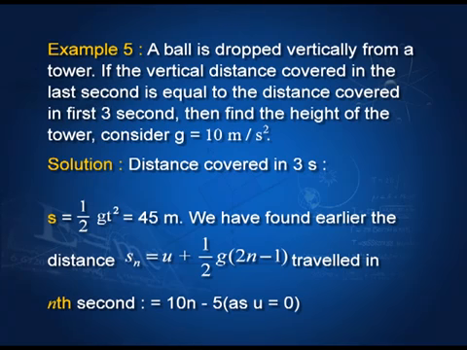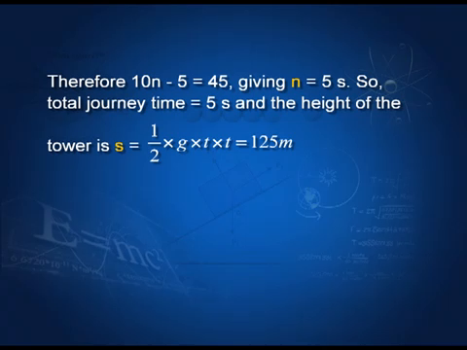In the last second, it covers the distance 10 n minus 5, and what is given is that in the first 3 seconds it covers 45. Therefore, the equation is 10 n minus 5 is equal to 45, which gives n equal to 5 seconds. That is, the total journey time is 5 seconds, and the height of the tower is s equal to half into g into t square, which is 125 meters.